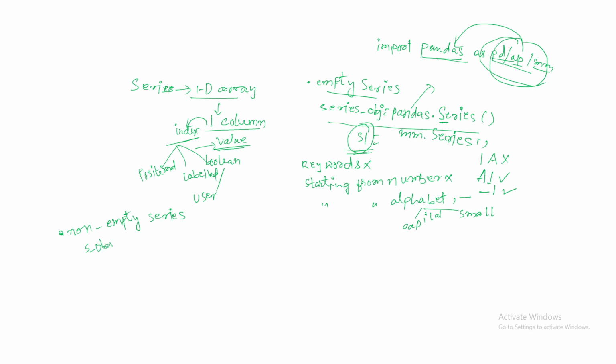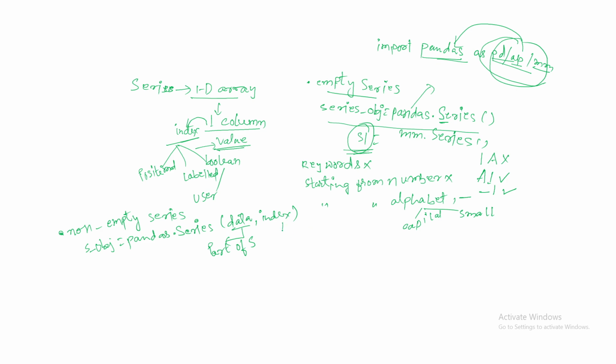Series object equal to pandas dot Series, data comma index. This data is a part of the series.